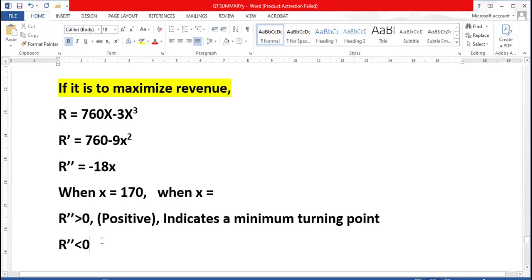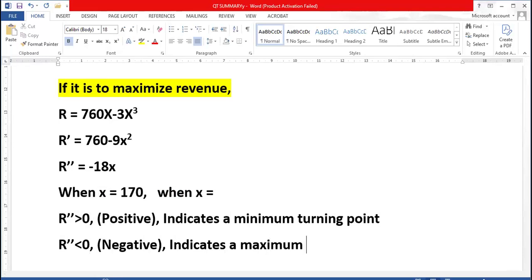But if you are to maximize, then I should see on my second derivative the value of x giving me negative, and this indicates a maximum turning point.